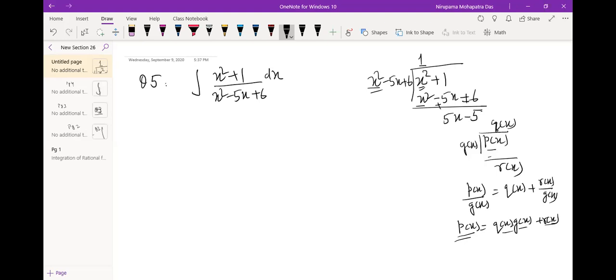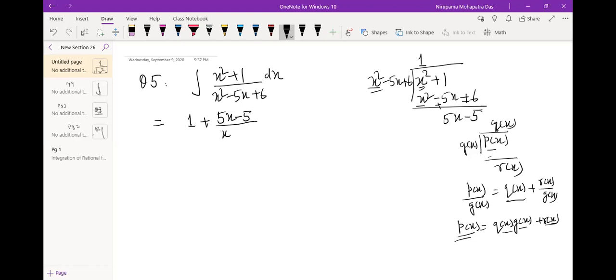So x square plus 1 by this has quotient equal to 1, so it is quotient plus remainder by divisor: 1 plus 5x minus 5 divided by the divisor x square minus 5x plus 6.